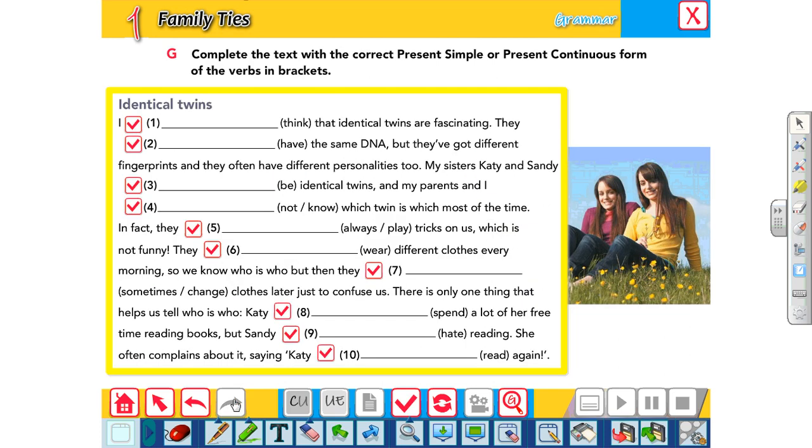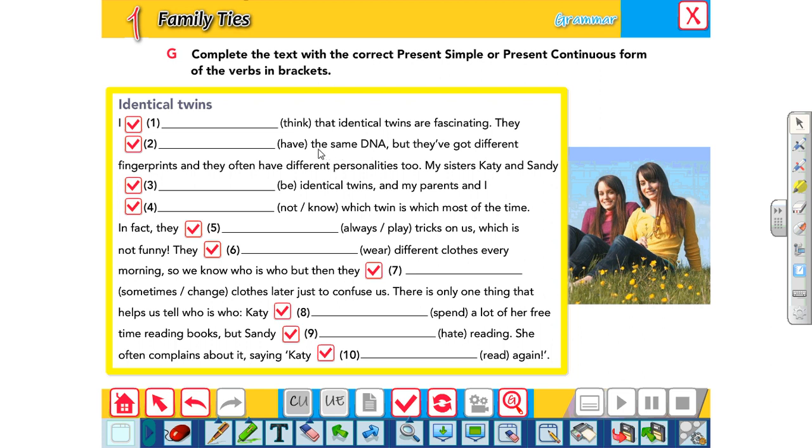Exercise G. Complete the text with the correct present simple or present continuous form of the verbs in brackets. I'm going to read the passage first and then we're going to start answering. I think that identical twins are fascinating, they are wonderful.